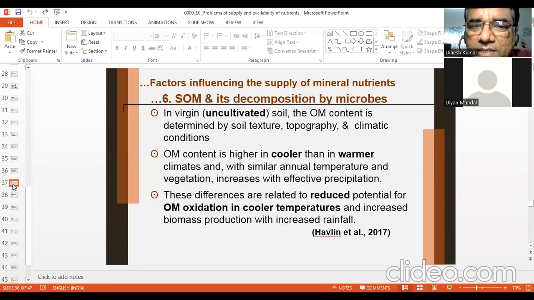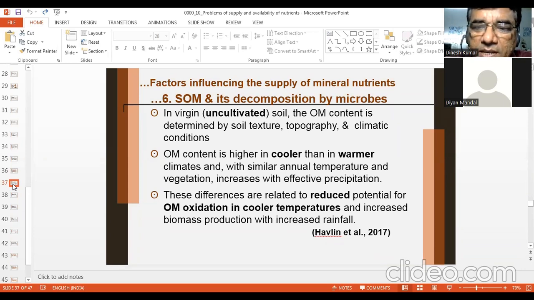In virgin, that is uncultivated, soil, the organic matter content is determined by soil texture, topography, and climatic conditions. This topic I wish to cover in detail. Organic matter content is higher in cooler than in warmer climates, you know it, because with high temperature there is faster decomposition, and with similar annual temperature and vegetation, it increases with effective precipitation.